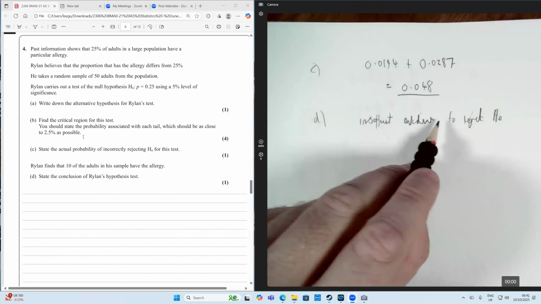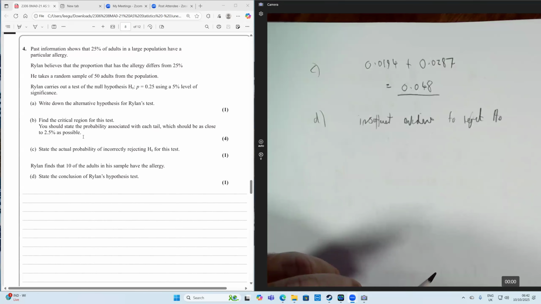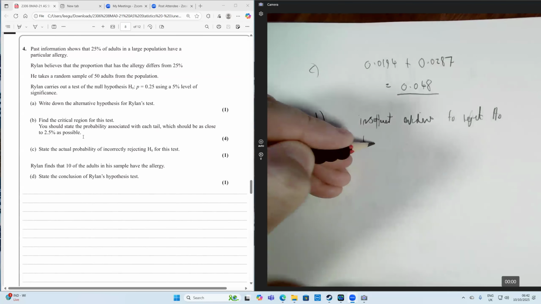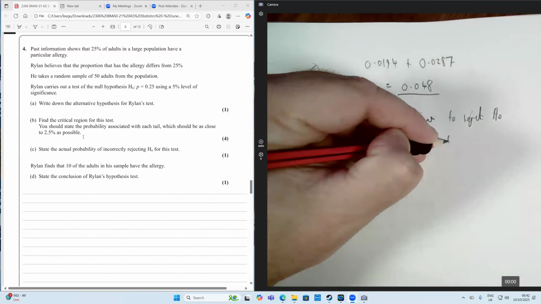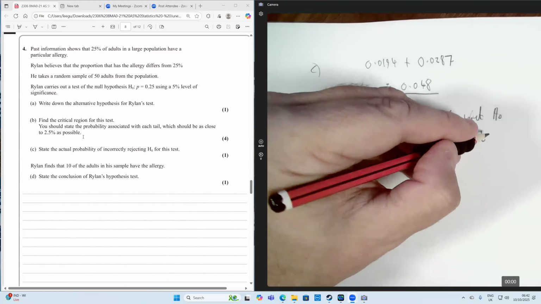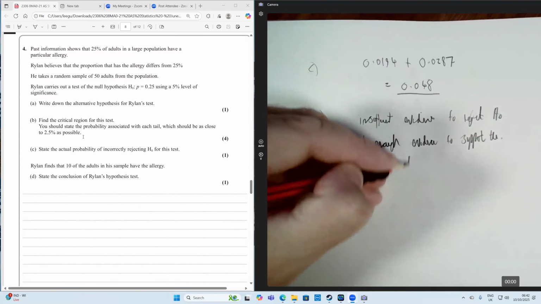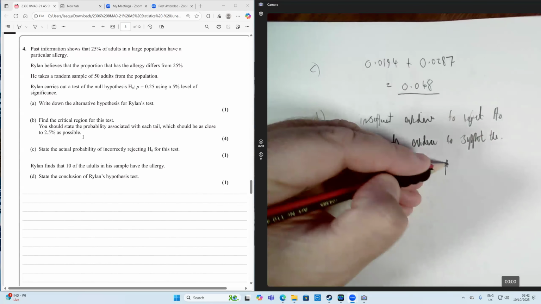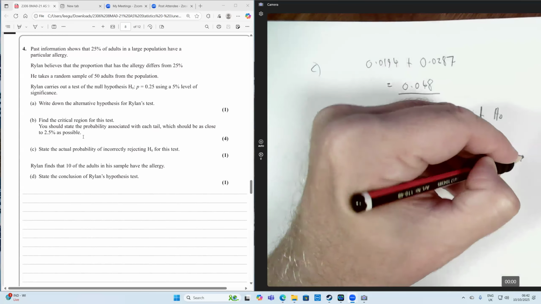There is insufficient evidence to reject H0. And we could say that there's not enough evidence to support the belief that the proportion differs from 25%.